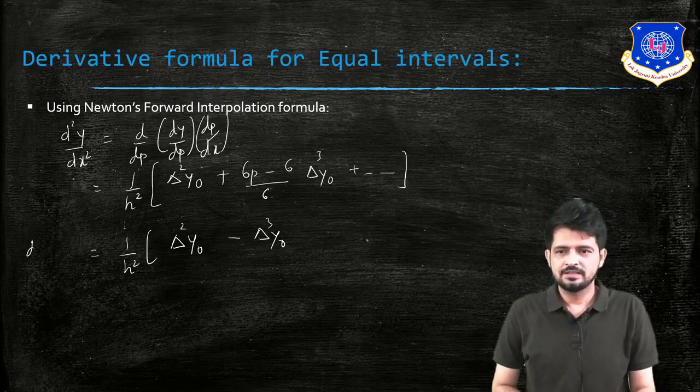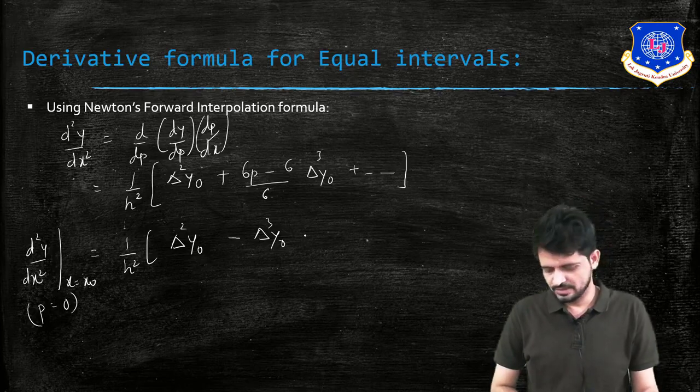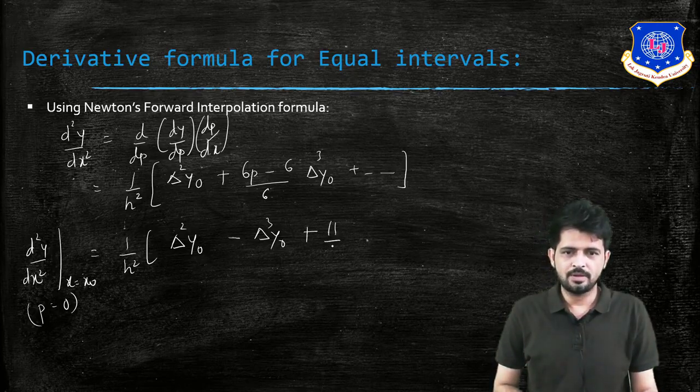Okay, this is the formula for d square y by dx square at x is equal to x0. See, for x is equal to x0, p will be 0. So by replacing p is equal to 0, it can be written like this: del square y0 minus del cube y0 plus, see, you have to remember these steps and formulas.